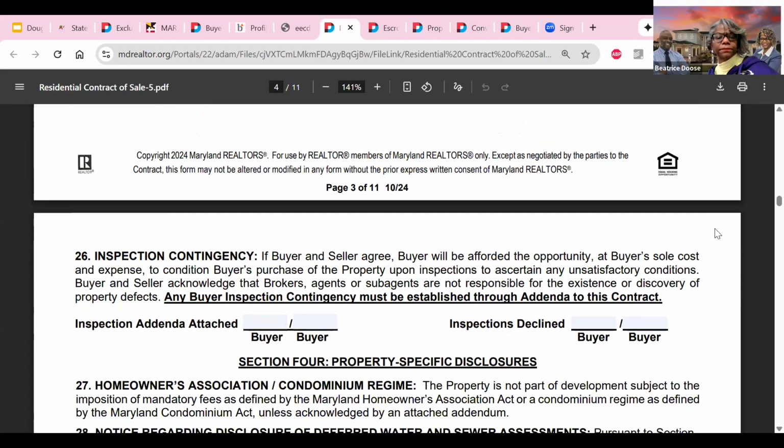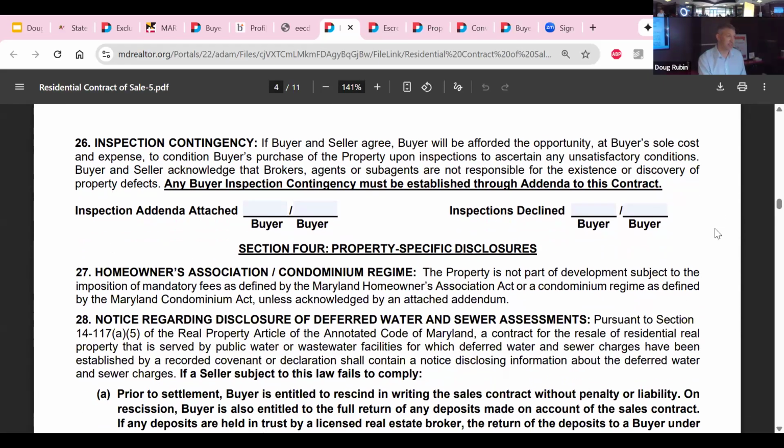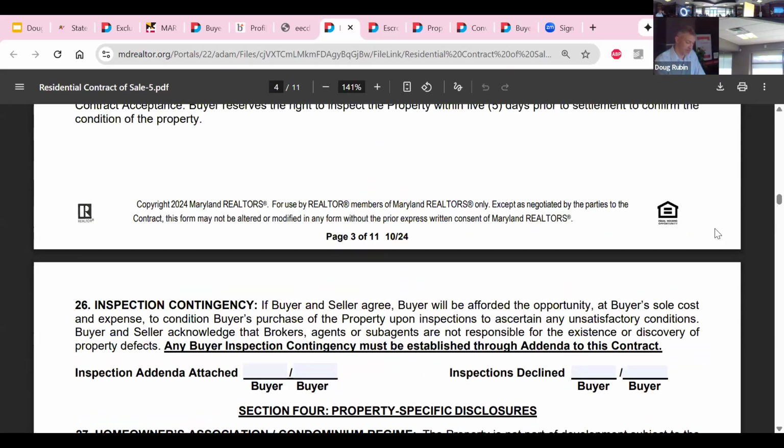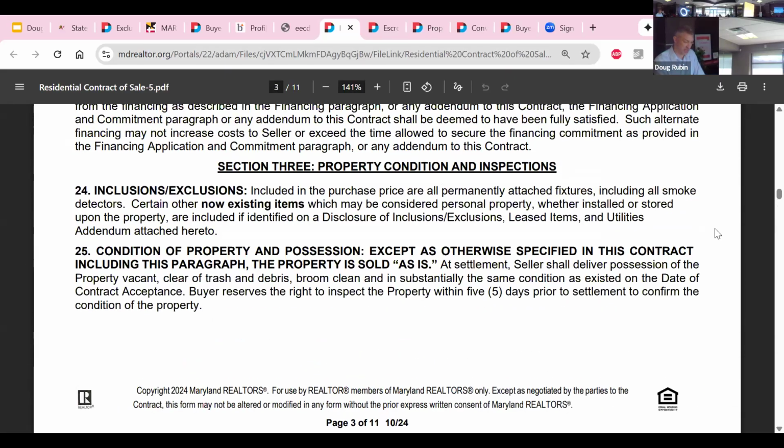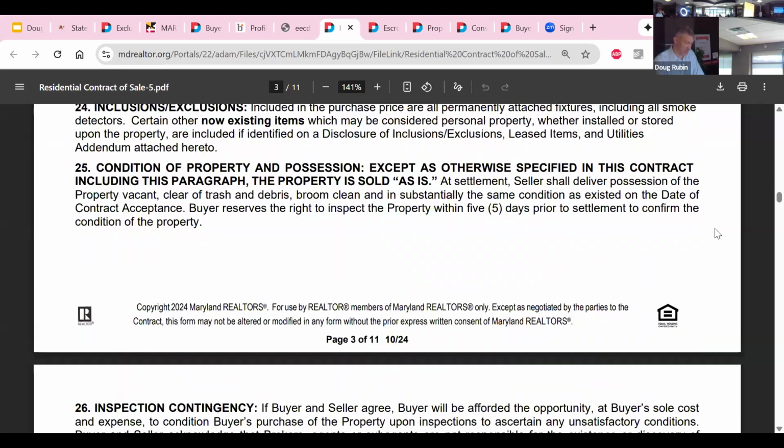Okay. All right, I have a question. For the financing addendum for a hard money lender, what do we put? So the question was, is there a financing addendum for a hard money lender?